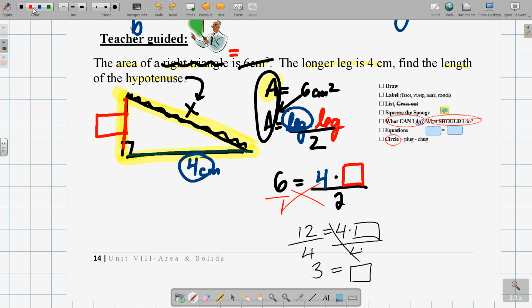We just found that your unknown leg is 3 units. Now you have 2 sides. Have 2 sides, need third side.